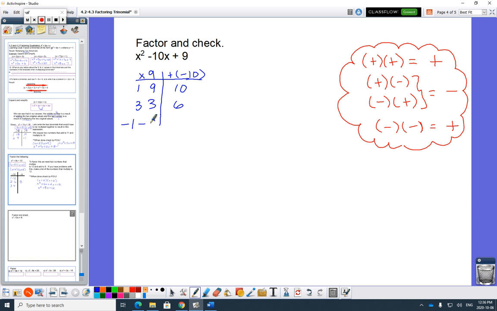Negative 1, negative 9. Oh, it gives us negative 10. And negative 1 times negative 9 is positive 9. Okay? So as soon as there's a negative, then things can get a little bit tricky. If you need to make this chart as long as possible and try every integer combination, then do that, especially when you're first starting this, because tomorrow it's going to get more difficult.